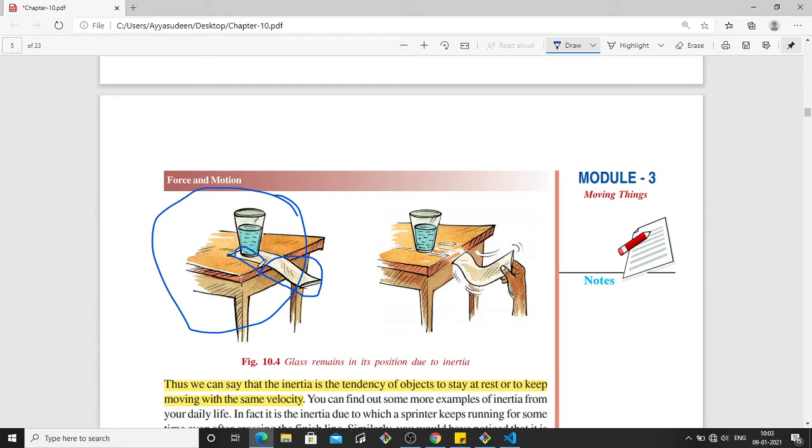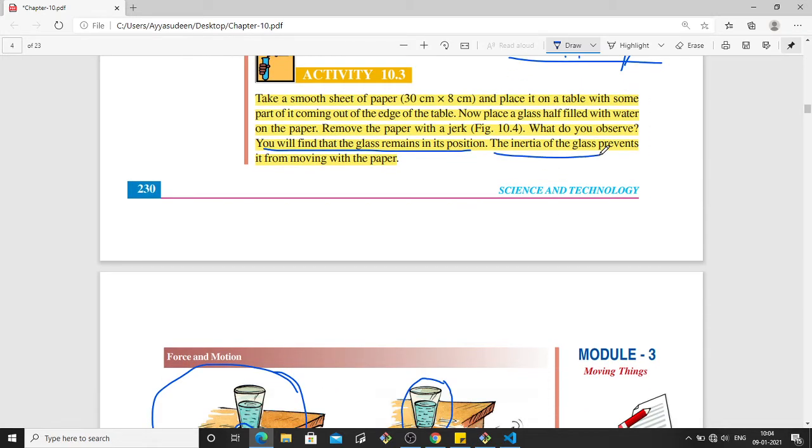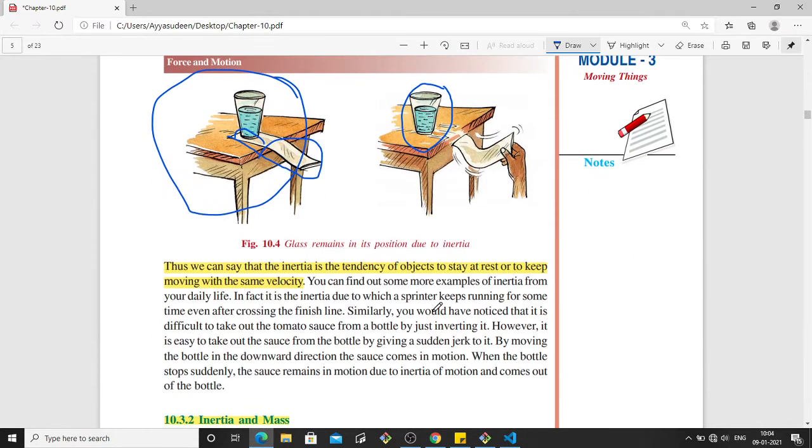If you pull the paper suddenly, the glass won't fall down, it will just stay there. So this is due to inertia. What you observe is that the glass remains in its position. So the inertia of the glass prevents it from moving along with the paper.